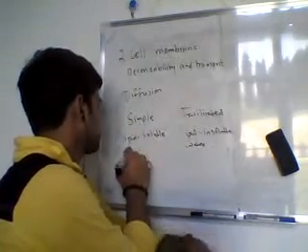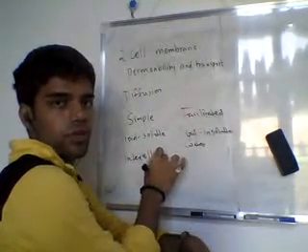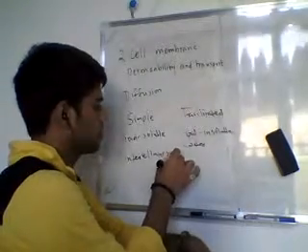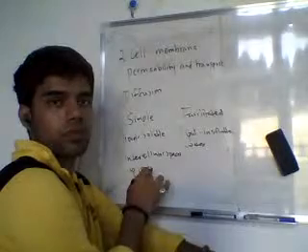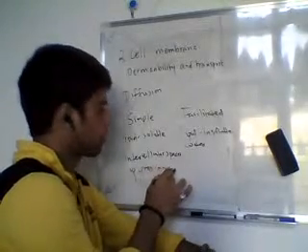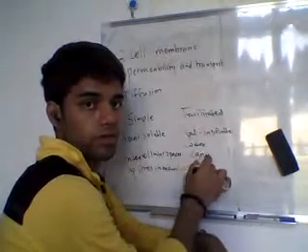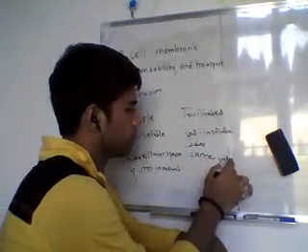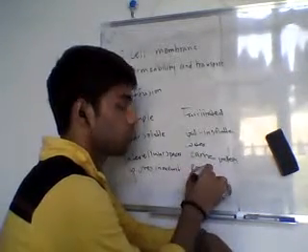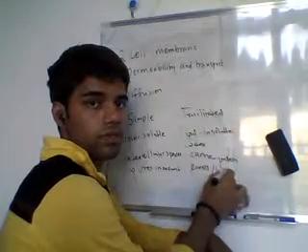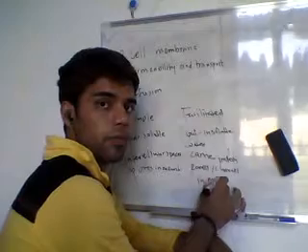The simple diffusion occurs through the intercellular spaces and or the pores in the membrane, and the facilitated diffusion occurs through the carrier protein, or it occurs with the help of pores or channels in the membrane protein.